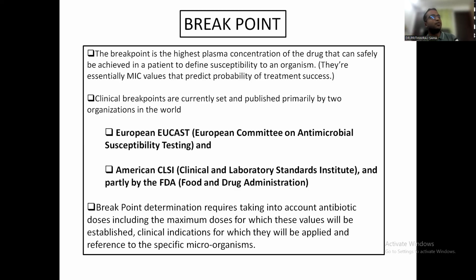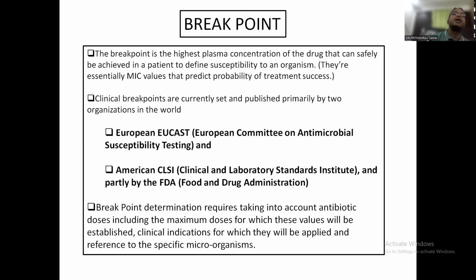But what we give from outside, suppose we give meropenem 1 gram TDS. By giving that, we can achieve a maximum concentration of 2 microgram per ml, suppose. So if the bug is inhibited at 8 microgram per ml of meropenem, then the bug will be resistant because we cannot achieve that level within the body.